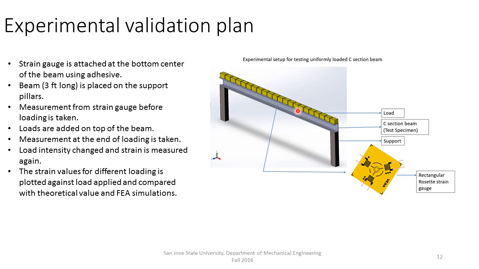Load will be added on the top of the beam. Measurement at the end of each loading will be taken. The strain values for different loading will be plotted against load applied and compared with theoretical value and the FEA simulations.